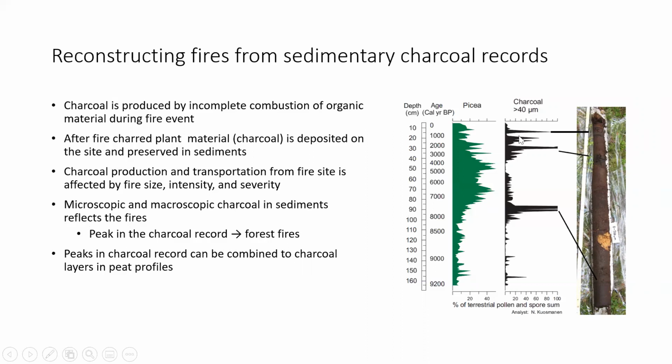For example, here is a charcoal record from microscopic charcoal, and there are some very clear peaks in the charcoal record that can then be combined with layers in the peat profile and can be quite reliable in indicating past fires on the site. So this is the principle of using sedimentary charcoal records to reconstruct fires.